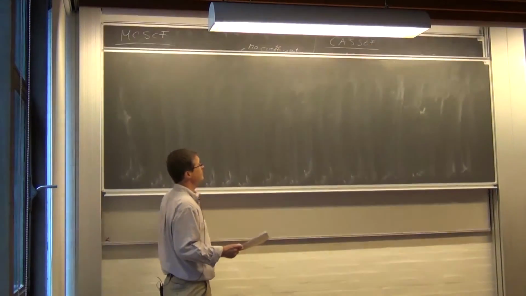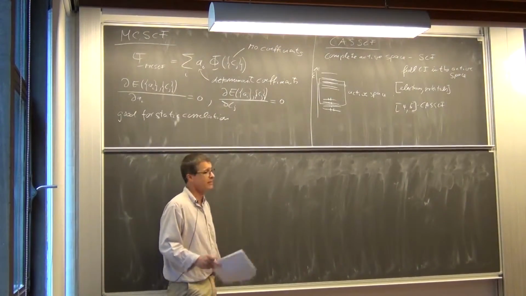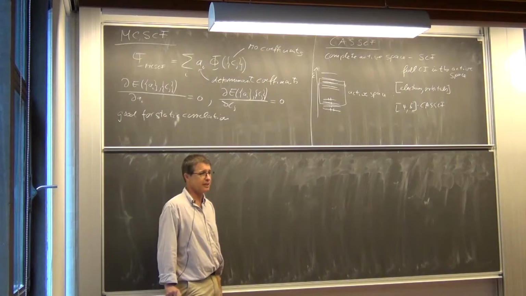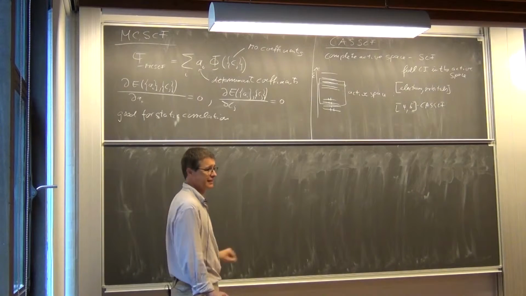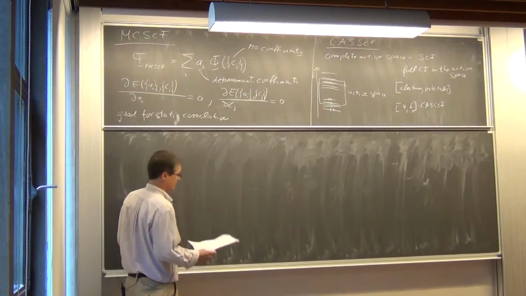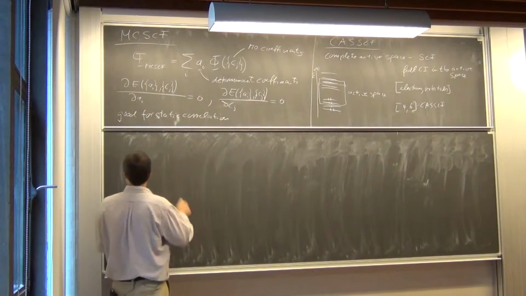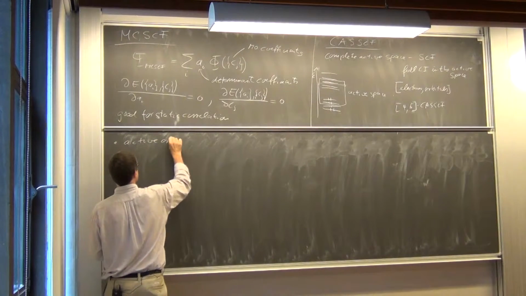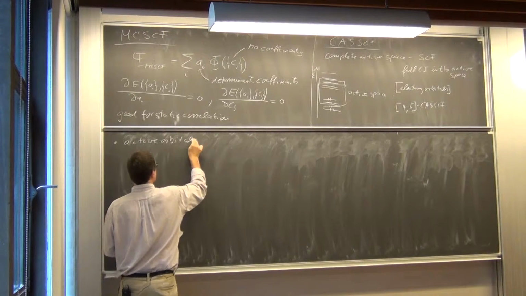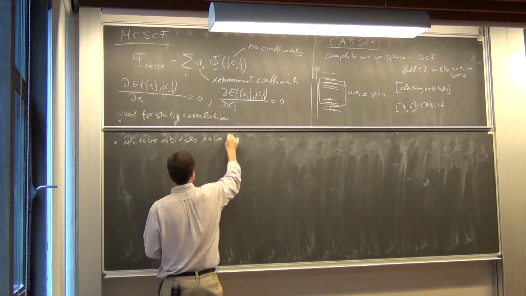And even worse, you have to do that manually. You have actively to say, I want to have that and then that. So the active orbitals have to be selected.